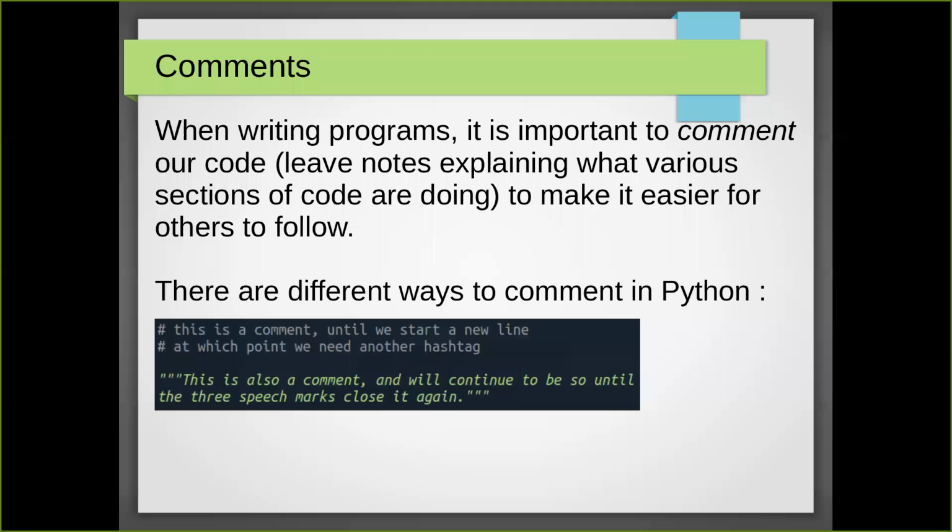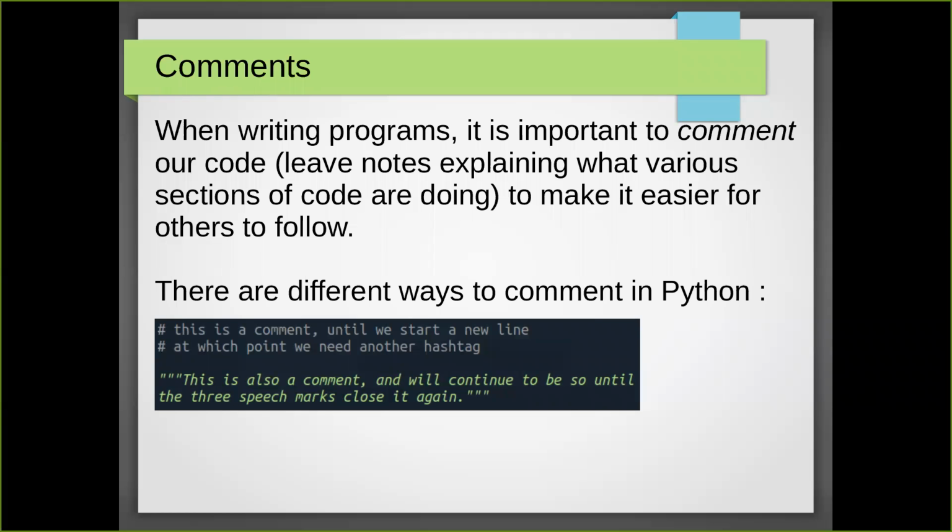Now, another important thing to consider whenever you're writing programs, and it's a very good habit to get into right from the start of your programming journey, because it is very easy to ignore this, and it's incredibly important actually.